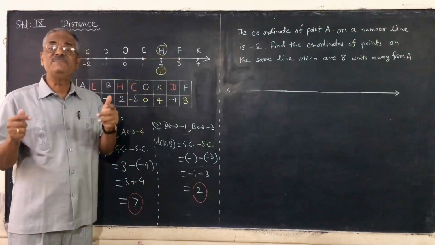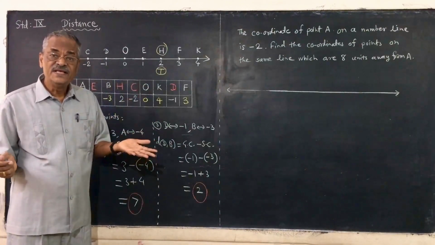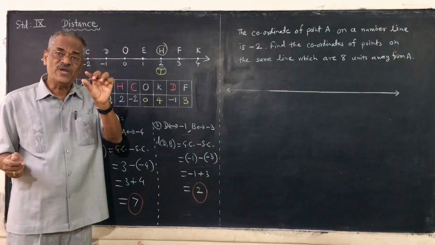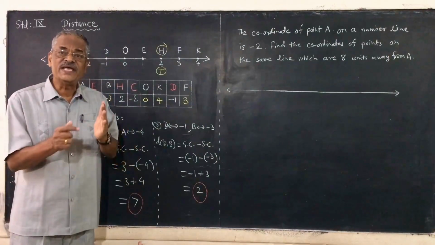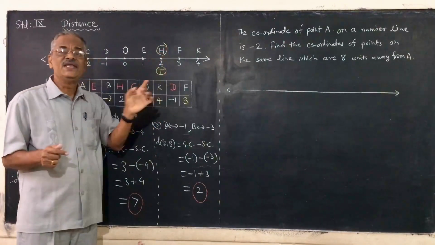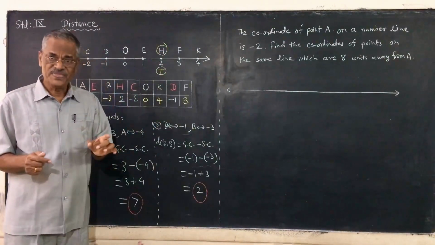What is the distance between H and T? Definitely a single point is there. Two names are given there. So there is no distance between H and T. No means it is 0.